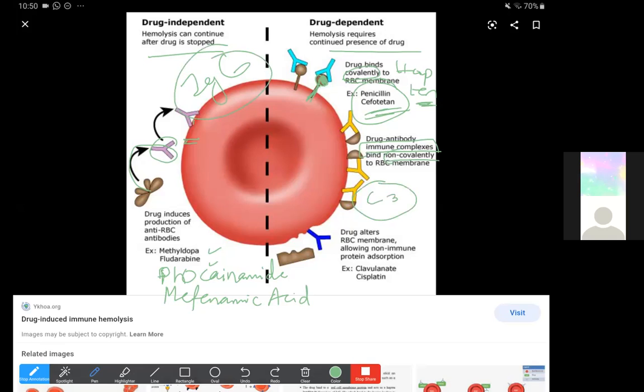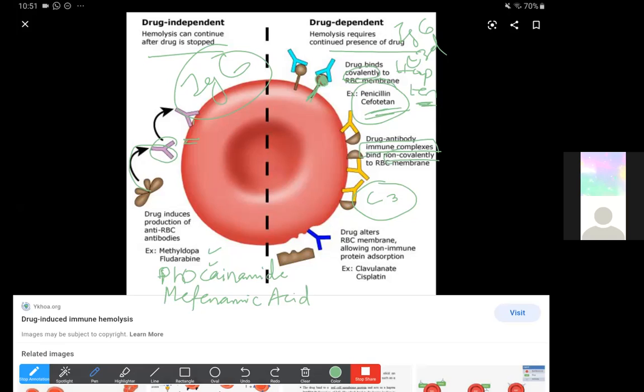Whereas the one where the drug binds covalently to the RBC membrane and then there is hapten formation, this could cause both IgG and C3 mediated hemolysis, and this would cause extravascular hemolysis. And also because this requires the presence of drugs, the serum reaction for drug monitoring would require the drug treated cells to be present.